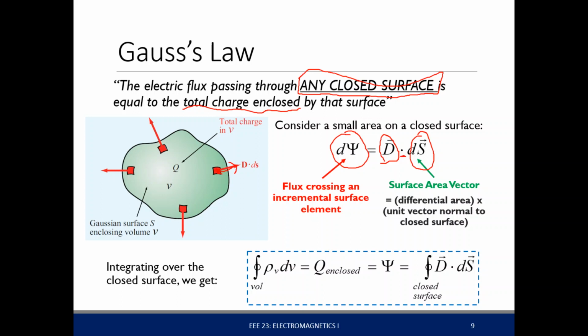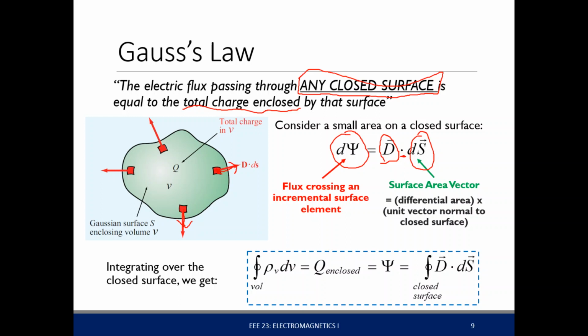Why is it a dot product? Because the flux should be moving normal to the surface, and the vector that is normal to the surface is the surface area vector.